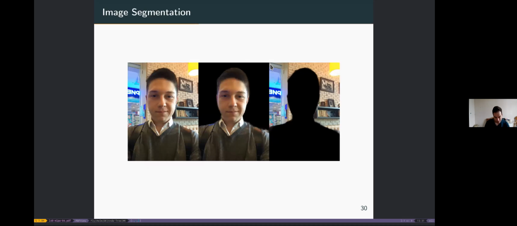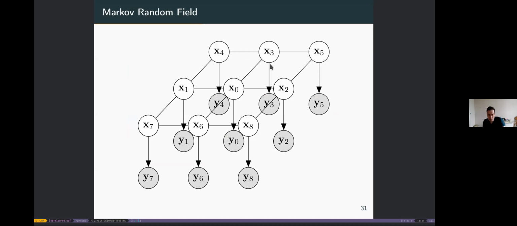Then the next thing that I wanted to highlight was another intractability. Let's say we're going to do image segmentation. That would imply I take an image, and I think there's a foreground and a background that I want to separate. If we would build a model for this, you would normally build something like a Markov random field.